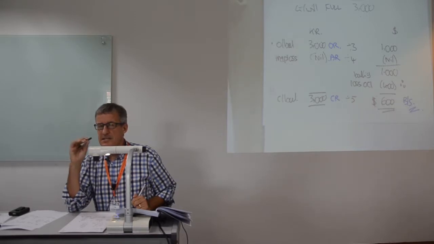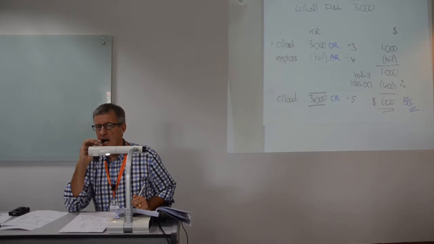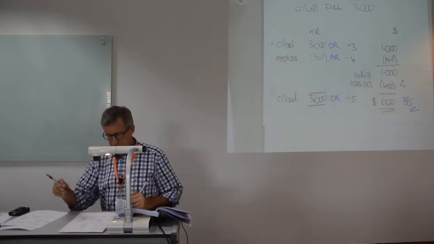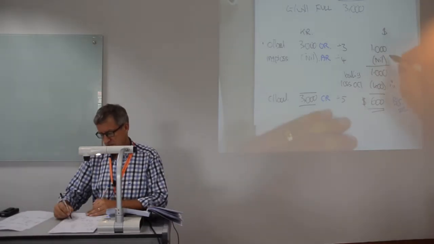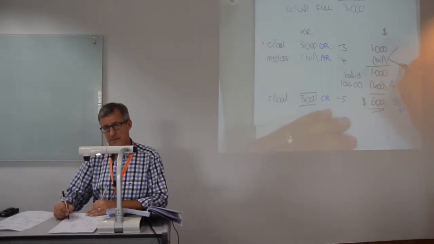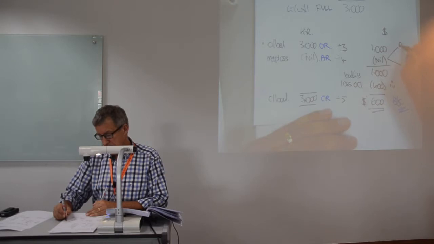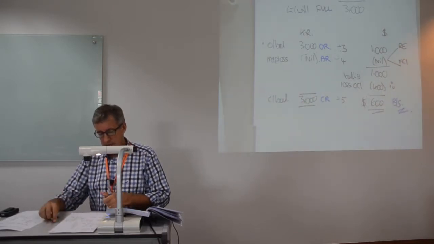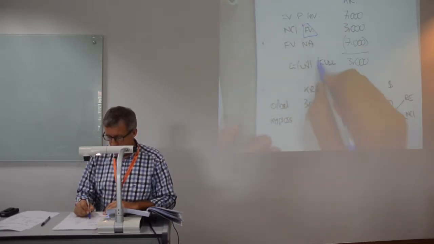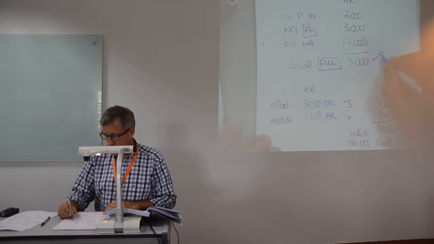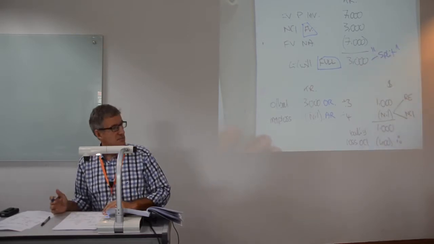Do I split this? If there was an impairment loss, would you split the impairment loss? Yes, you would split the impairment loss between the retained earnings and the NCI. Why? Because NCI is at fair value, so goodwill is in full, so this is effectively subject to a split.